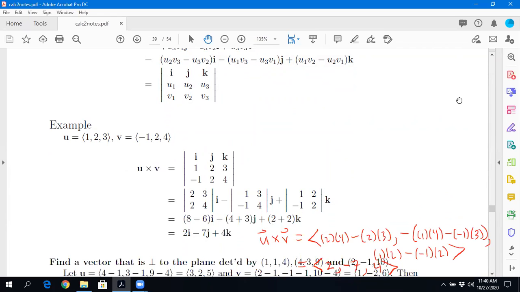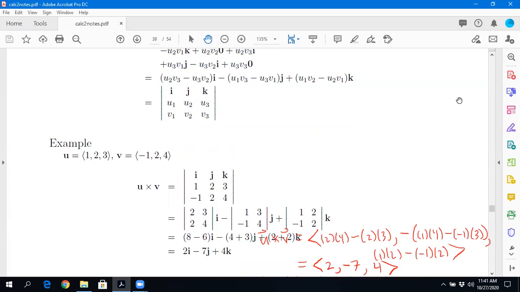You go negative, cross out the second column in the first row. You go 1, 4, -1 times 4 minus -1 times 3, which gives you that second coordinate of -7. Then lastly, you cross out the last column in the first row. You go 1 times 2 minus -1 times 2, which is 2 plus 2, which is 4. That's where you get that third entry right there, 2, -7, 4. Okay?